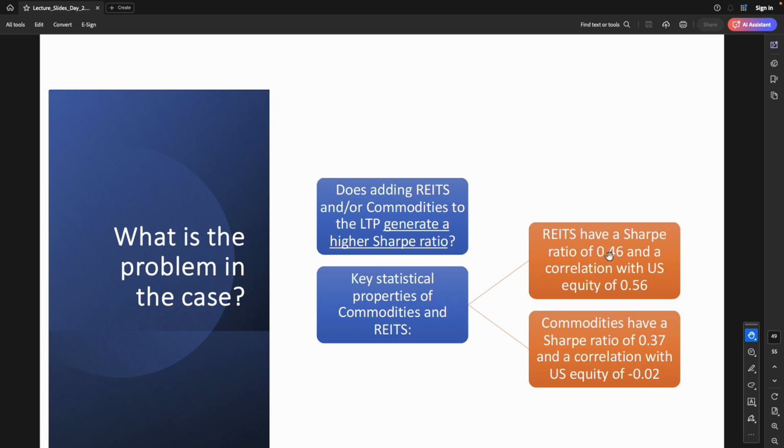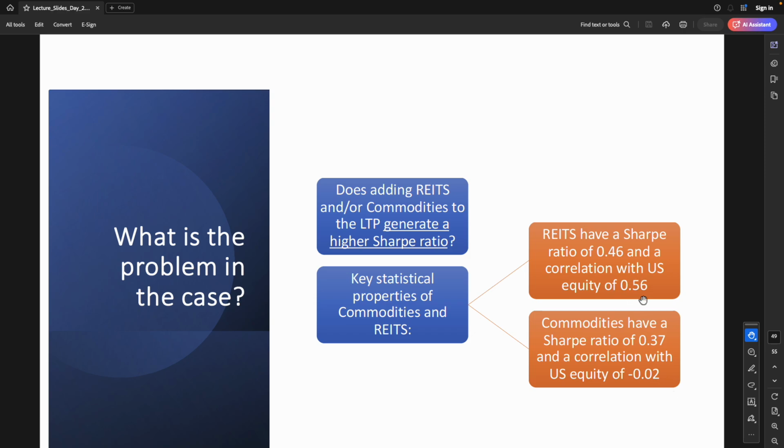But okay, for the sake of the case, REITs is attractive relative to commodities because of the higher Sharpe ratio. But we learned already from long-term bonds in the case, the correlation is important because the lower the correlation, the more diversification, the steeper the capital allocation line, the better for all investors.